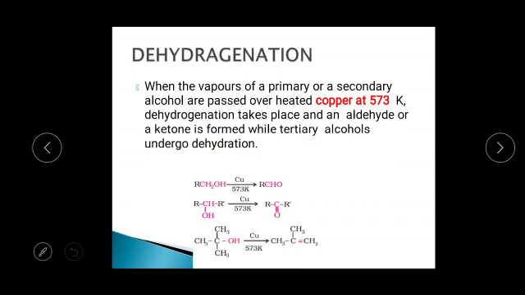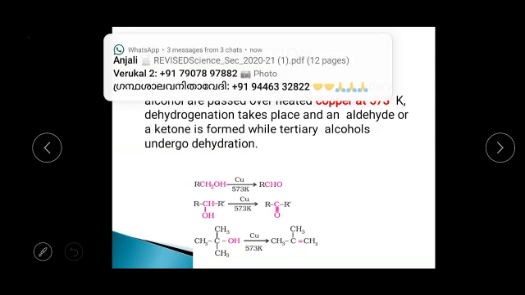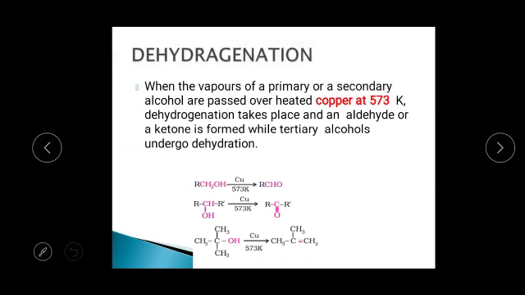The next type of reaction is the dehydrogenation reaction. Dehydrogenation means removal of hydrogen. When the vapors of primary or secondary alcohol are passed over heated copper, dehydrogenation takes place and an aldehyde or a ketone is formed.